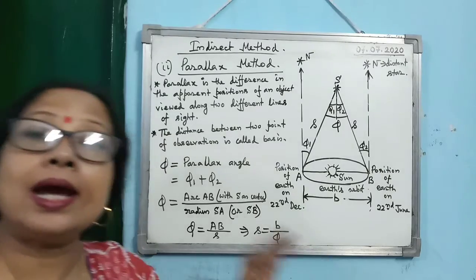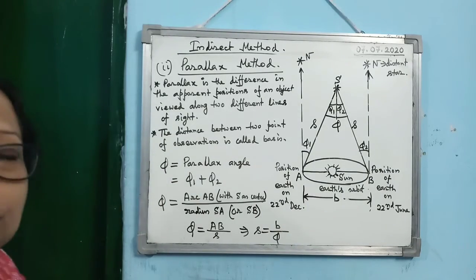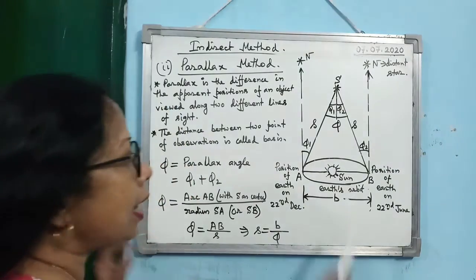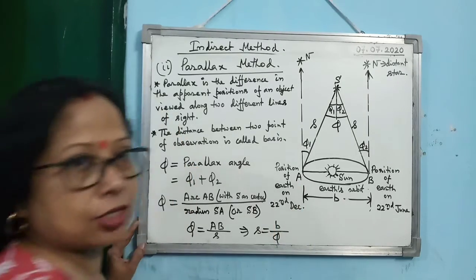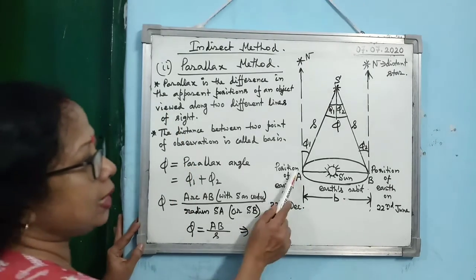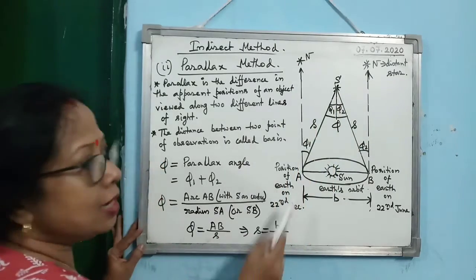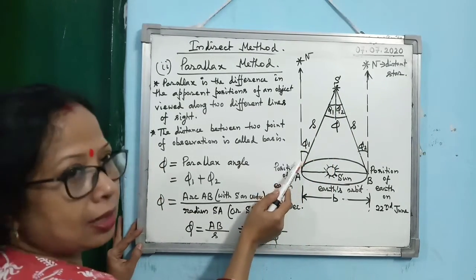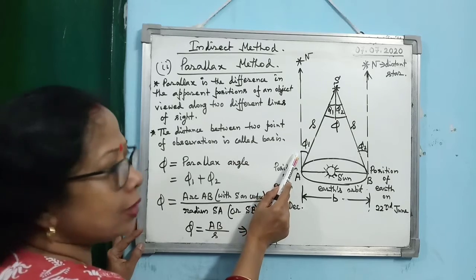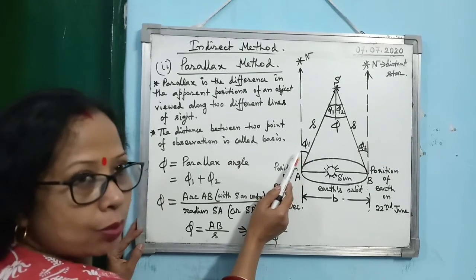Then you are diametrically opposite on Earth's orbit. Then you see what is happening here. The apparent position of N is changing. When you measure the angle subtended between the two stars, you get the angle phi 1 here.